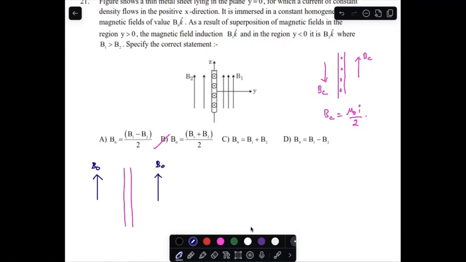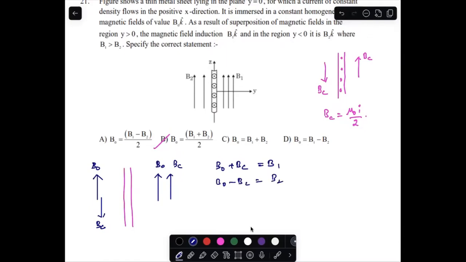Next, you have fields like this. B naught plus BC is the field here, which you have given as B1. B naught minus BC is given as B2.